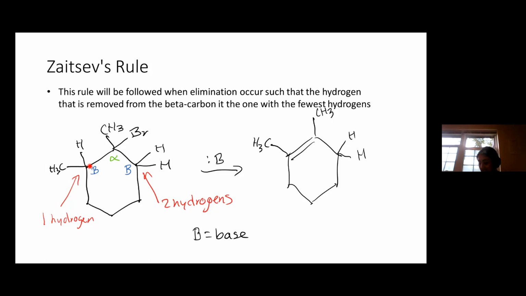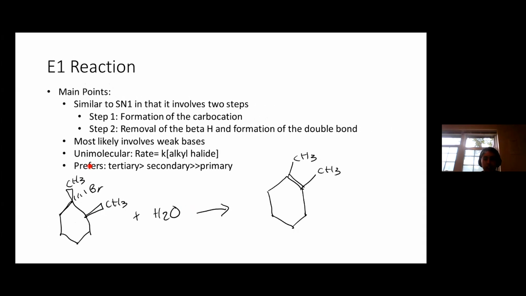Okay, let's move on. So now we're going to talk about the actual E1 reaction and the mechanism of it. You're going to notice some similarities between SN1 and E1. I have some main points here to focus on when we're looking at the E1 reaction.